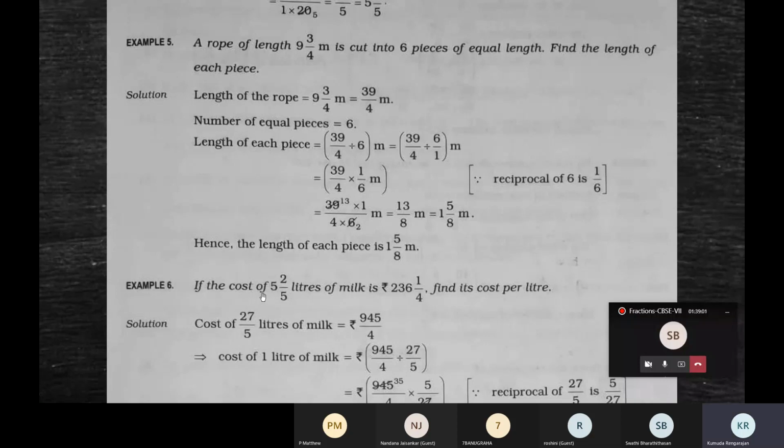If the cost of 4 liters of milk is say rupees 240. 4 liters is 240. Then what is the cost per liter? What will be the cost of 1 liter of milk? 4 liters is 240 rupees.